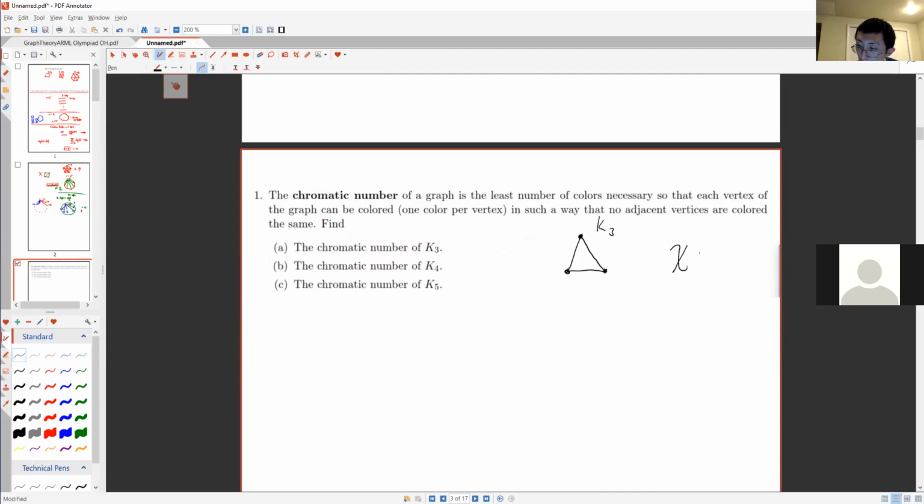This is denoted chi of G. So chi of K3 is 3, because if I color this blue, then neither of these 2 can be blue. If I color this green, then the last one can't be green nor blue, so then I can maybe color it red. So yeah, what would be the chromatic number of this graph?